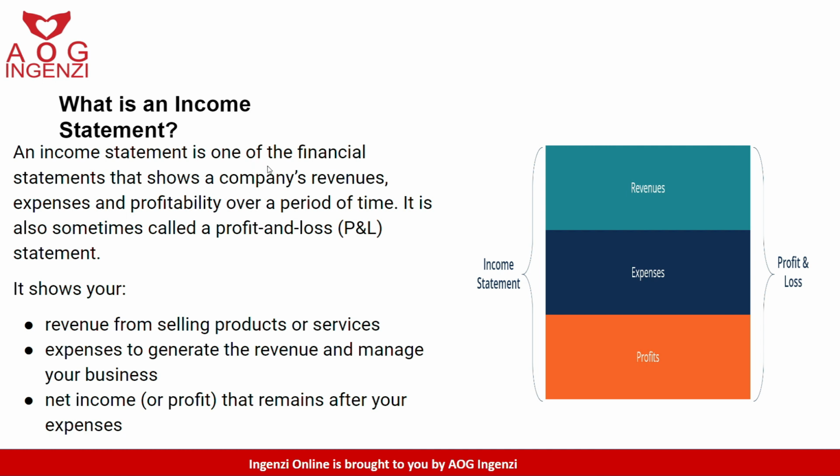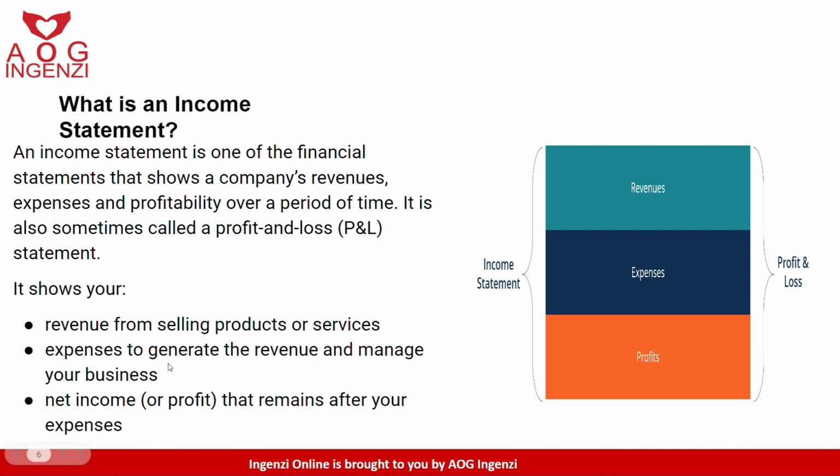Income statement is one of the financial statements that shows a company's revenues, expenses, and net income or profit, what you call profitability, over a given period. It is also sometimes called a profit and loss, as I said above. It shows your revenue from selling products or services. Mainly the revenues come from selling products or services, because you're in business.